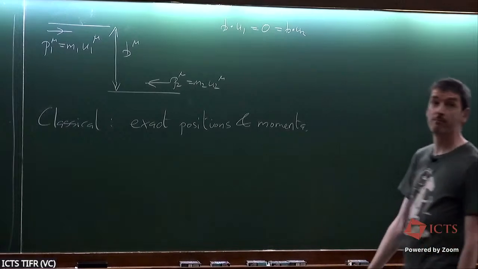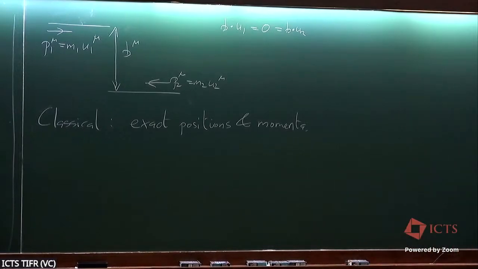In quantum mechanics, as is well known, we can't have exact positions and momenta. But what I can do is arrange that the uncertainty in the positions and momenta are very small compared to the scales I'm interested in.